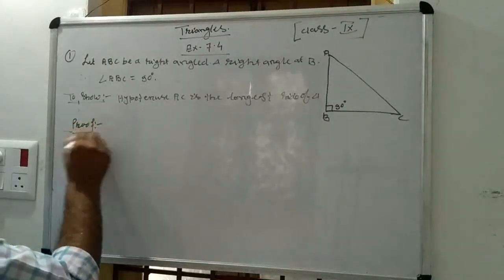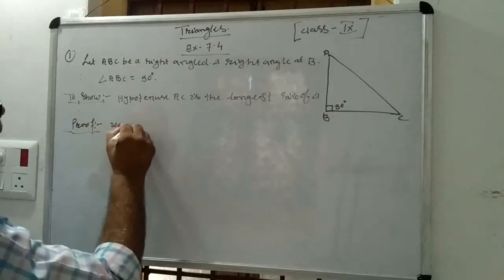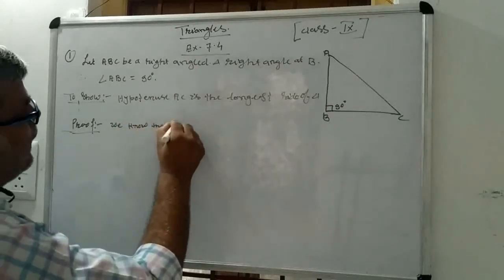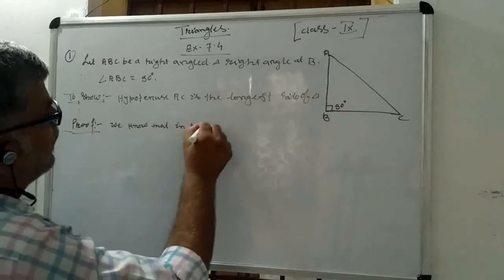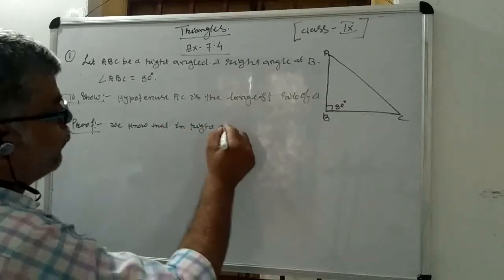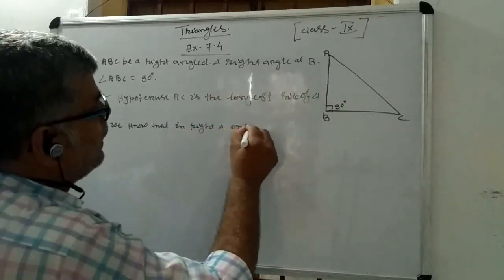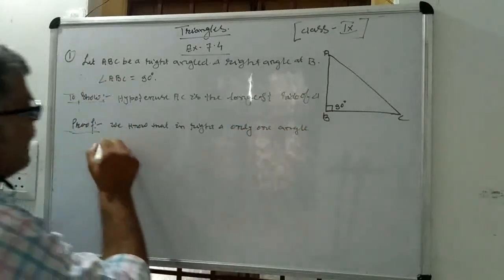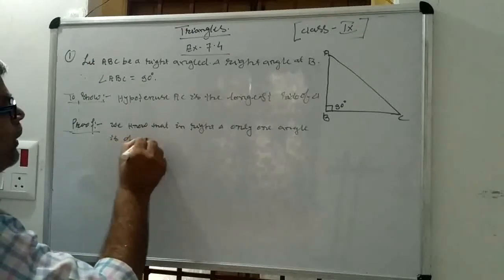First you write, then we know that in a right triangle only one angle is of 90 degrees.